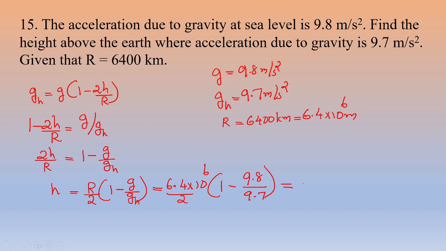So after the calculation, we will get the value of h is equal to 32,900 meter, that is equal to 32.9 kilometer. It is the height where the acceleration due to gravity becomes 9.7 meter per second square.